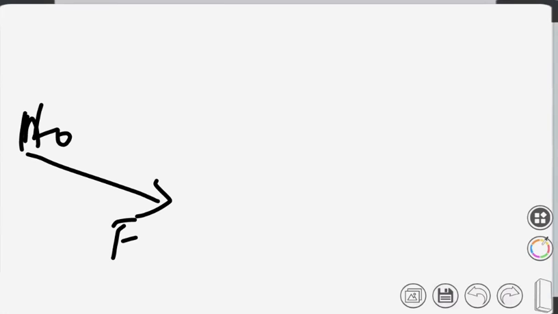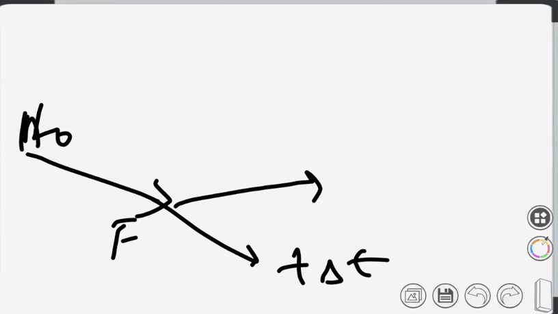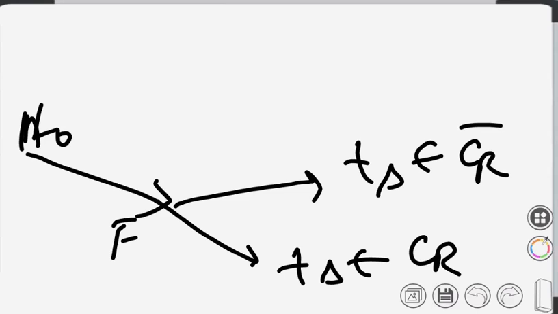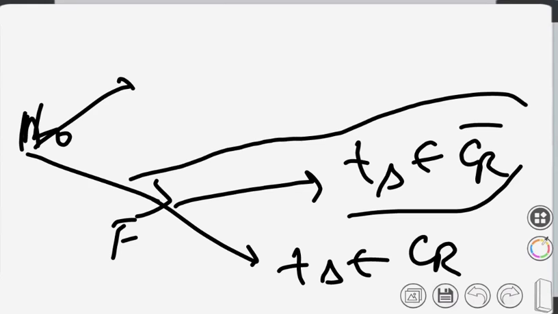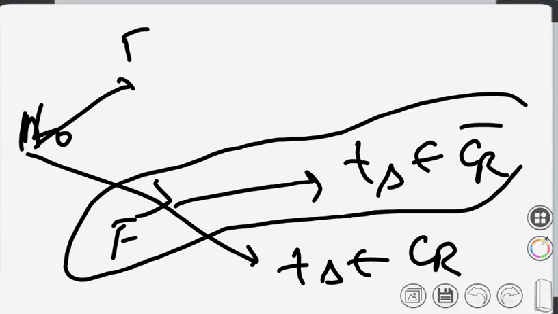So the null hypothesis is false. We have written TS belongs to CR and TS belongs to CR bar. So if the null hypothesis is false and the value of the test statistic falls in the acceptance region, then what will we do? We will be accepting the null hypothesis when it is false.